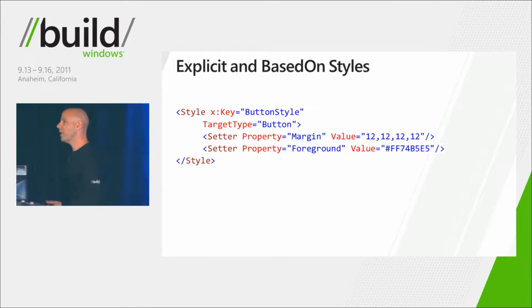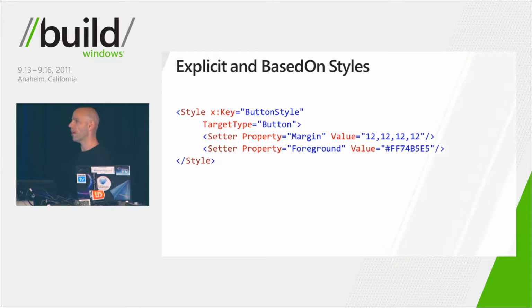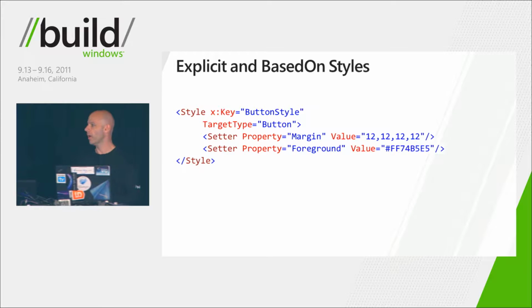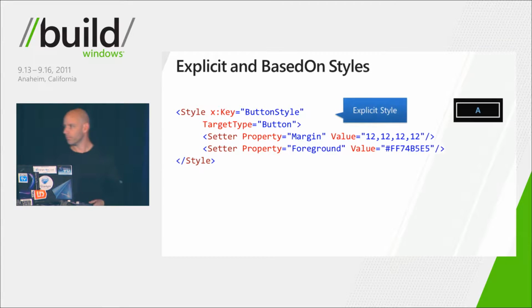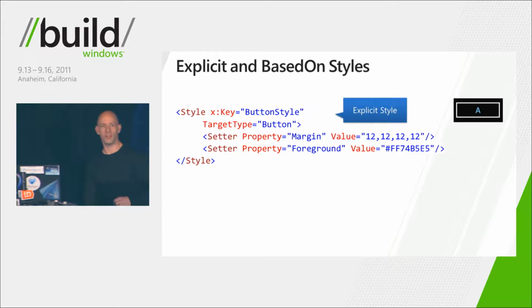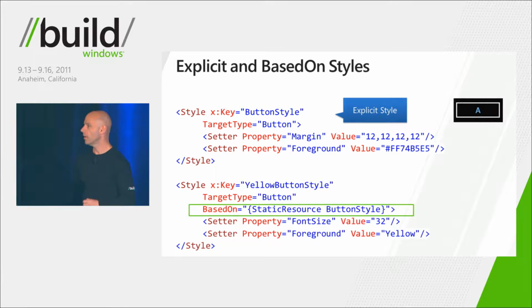So in an explicit or based on style, here we've got a keyed style. It's explicitly defined, where I'm going to set the margin to 12, and the foreground is going to be this shade of blue. And that's what it's going to look like. The button's going to change slightly. And now I've got a based on style. Notice this one here, it looks the same as far as the syntax. It still has target type of button.